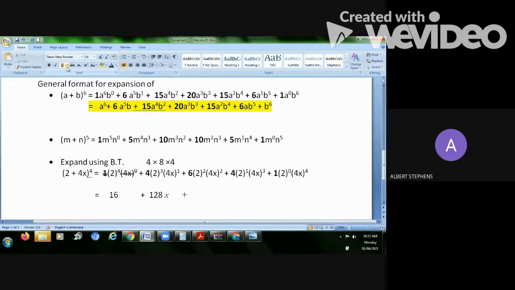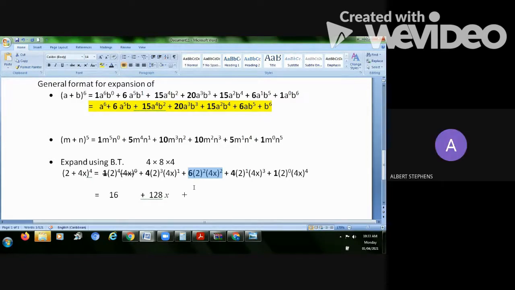Somebody work out all of this and tell me what the answer is. 70x squared. Now that was fast. You wanna explain? Sir, 6 times 2 times 2, which 2 times 2 is 4. 4 times 4 is 16. 6 times 4 is 24.